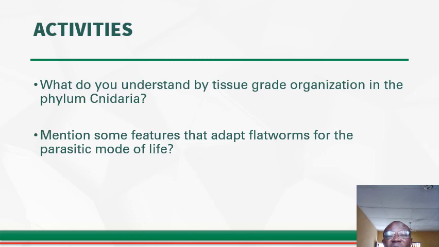So what do you understand by that grade organization? Then secondly, you should mention some features that adapt flatworms for a parasitic mode of life. We have just mentioned some. So what are those features that adapt them for their parasitic mode of life?